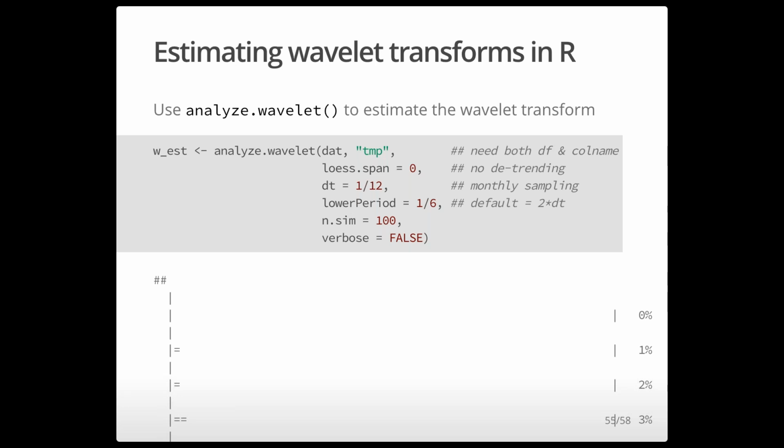So this is just setting the lower limit. And you can't go too low because you'll be inside your sampling interval and it won't do anything anymore. And there's an upper period which is fixed as well at about 1/3 of the maximum length of the time series. Because as soon as you get past that, the windows get to be huge and there's no data to analyze them.